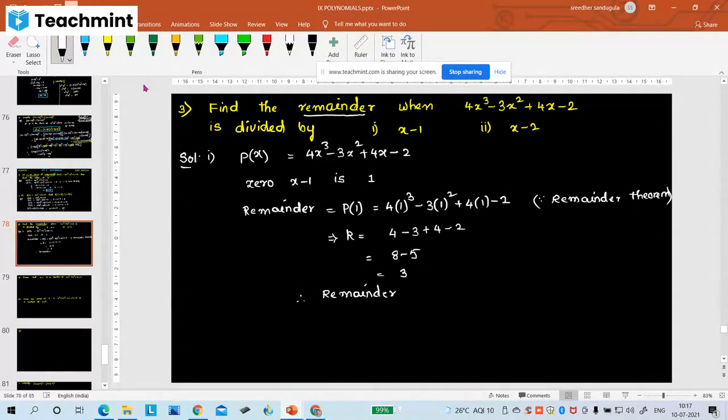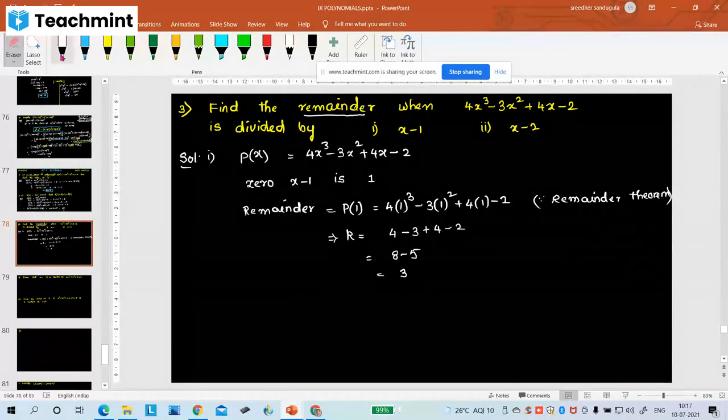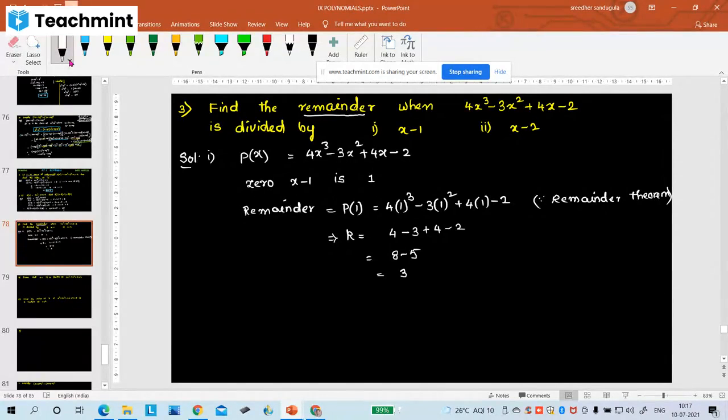Remainder equals 3. So if you want, you can write in detail: when P of x is divided by x minus 1, the remainder is 3. So that you can write the conclusion in detail. Let me write that, because 2 questions have been given.